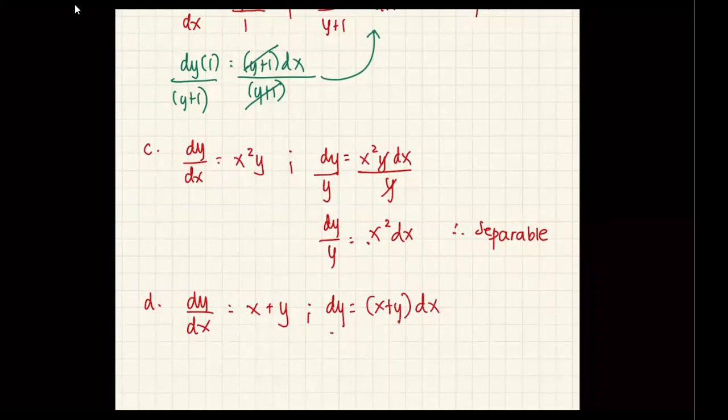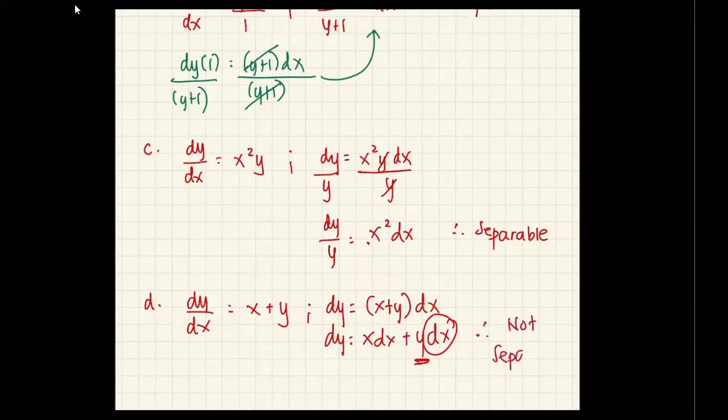So, pag dinistribute yun, magiging x dx plus y dx. So, kailangan malipat natin si x dito sa kabila, sa left side. Kasi, laging magiging kasama niyo si dx. So, therefore, hindi mo silang papaghiwalay. So, therefore, this particular example is not separable. Kasi meron tayong product ng function tsaka ng derivative x.